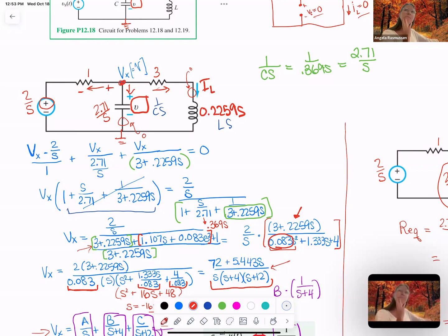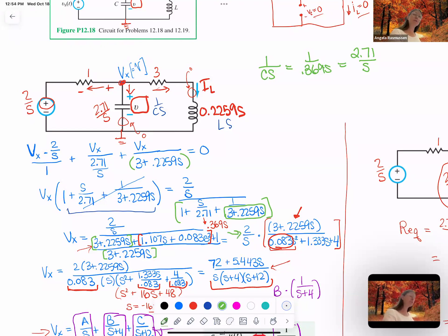What are we missing? Is there a 6 still? Do you get the 0.083 as S squared on the bottom? We didn't factor out the 0.8.